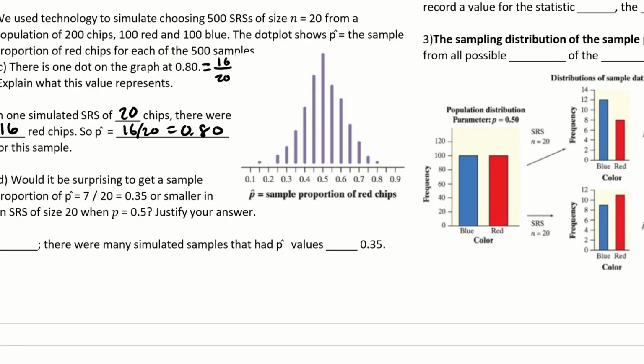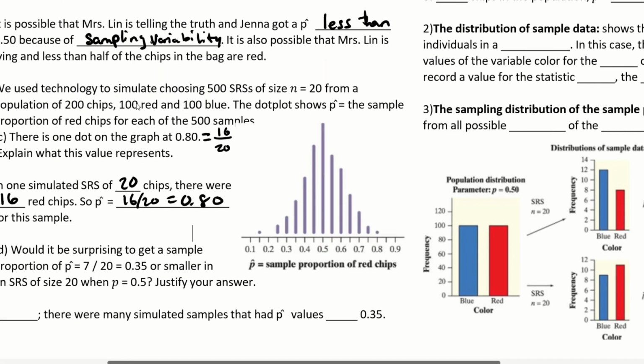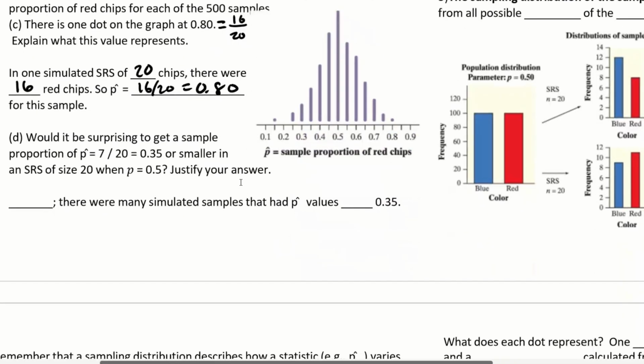Now let's answer the next question. Would it be surprising to get a sample proportion of 0.35 or smaller by chance? Justify. Remember, we want to see if Jenna's result would have happened purely by chance. Jenna's result was 0.35, so that's why we did that here. If we look at 0.35, that's going to be all of this right here.